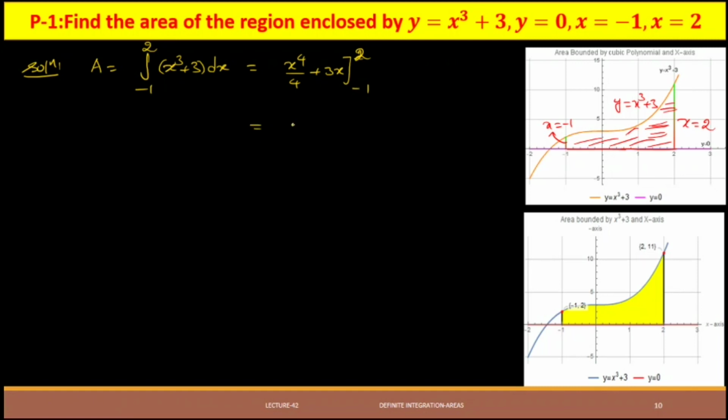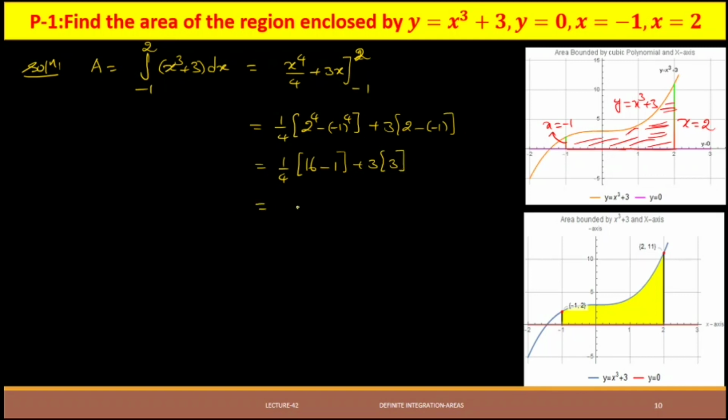Now we apply the upper limit and lower limit, so it is 1 by 4 into 2 power 4 minus minus 1 whole to the power 4 plus 3 into 2 minus of minus 1. So that is equal to 1 by 4 into 2 power 4 is 16 minus 1 plus 3 into 2 plus 1 is 3.